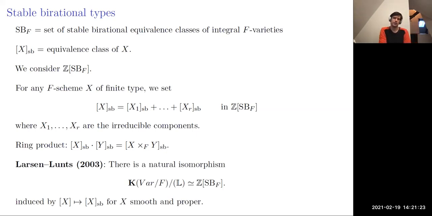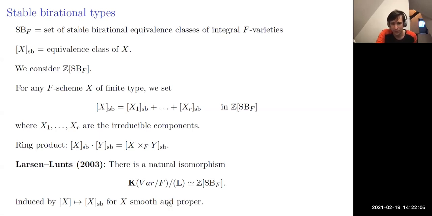And of course, there's a much more natural way to view this. This is due to the Larsen and Lunts theorem from the early 2000s, basically saying that if you take the Grothendieck group of varieties, so basically the same thing, the formal group on isomorphism classes of varieties, and then mod out by the scissor relations, then if you divide out by the class of A^1, you get exactly this ring.